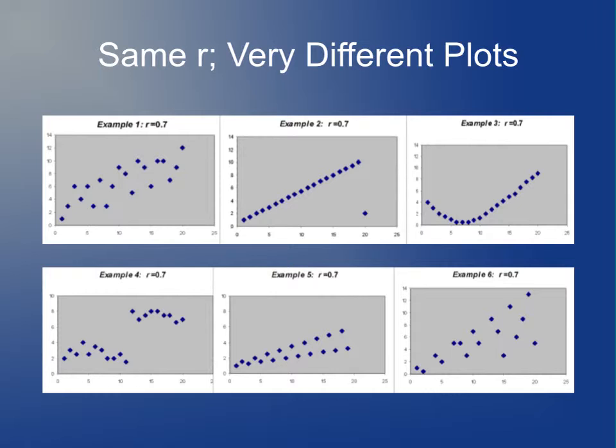Example 3 is a curvilinear association, but still gives an R of 0.7. Examples 4 and 5, it looks like there might be two different groups. And then example 6 is just kind of a noisy association. All of these give you an R of 0.7. So just knowing the value of R won't give you the precise nature of the relationship, but it will give you some idea of the strength of the association between x and y.